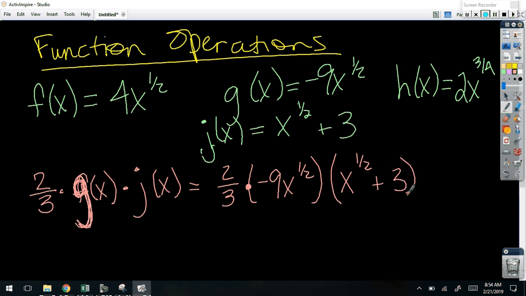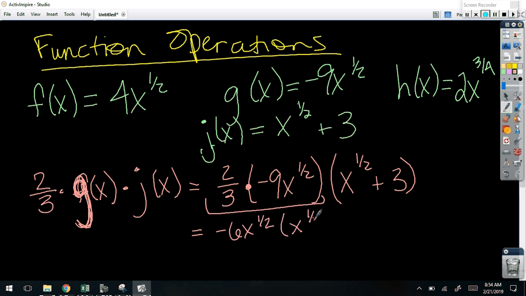Again, I want to save the distributing for last if I can. So let's multiply the number in front and G of x first. What do you get? Negative 6x, because 2/3 of negative 9 is negative 6.